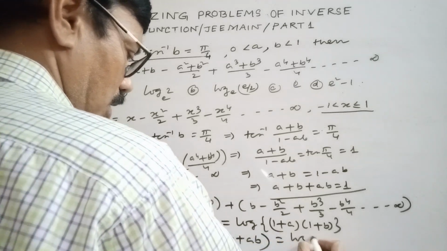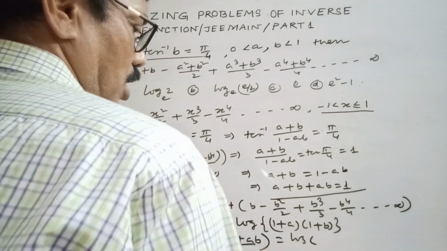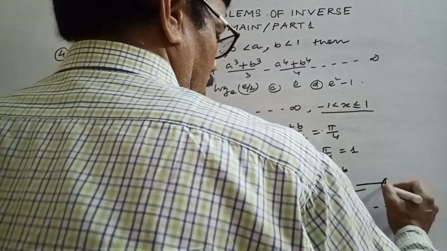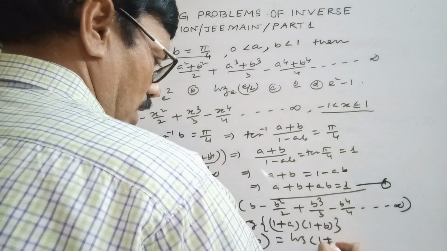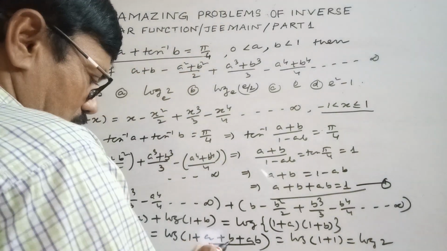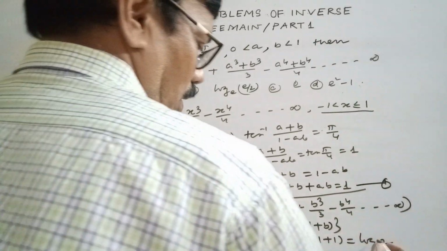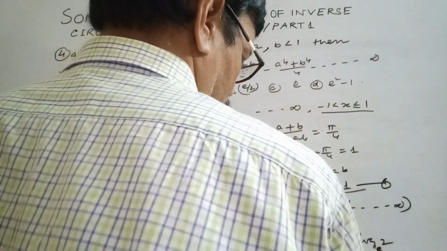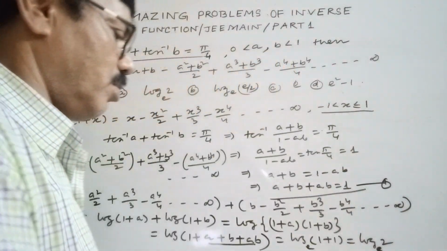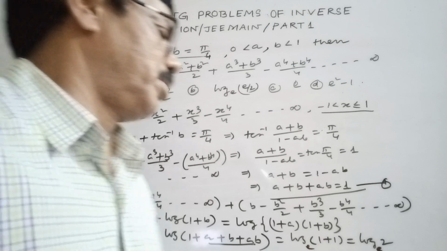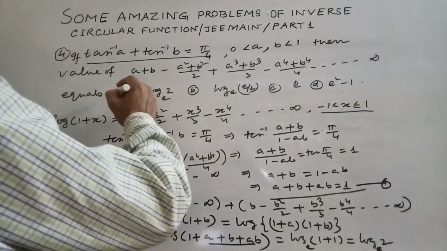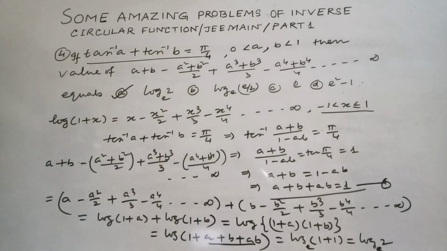Now from the relation, A plus B plus AB is 1, so this is 1 plus 1. So log 2. Obviously the base is e. In mathematics, if the base is not given, we suppose the base is e. So we are getting the option as log 2 base e.